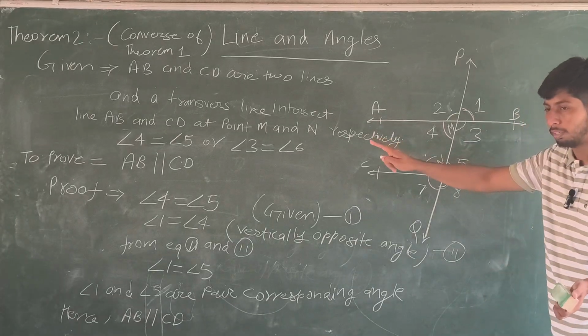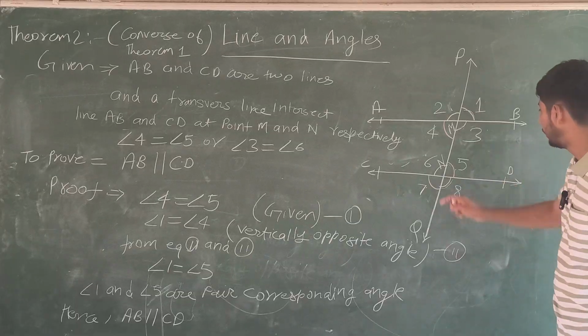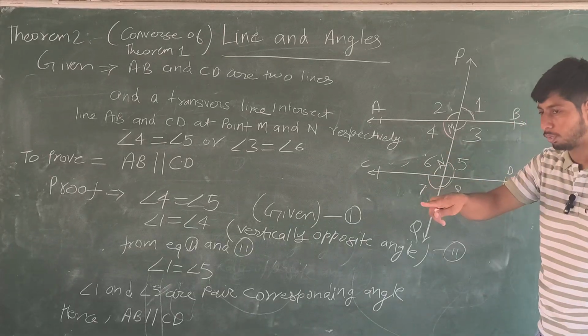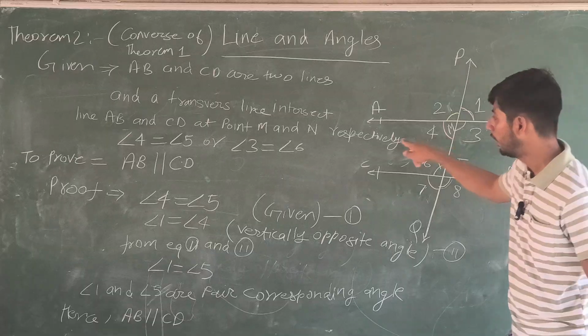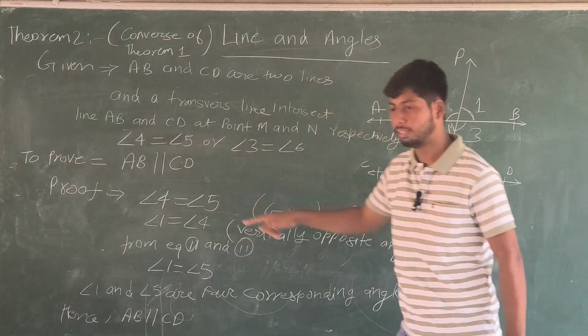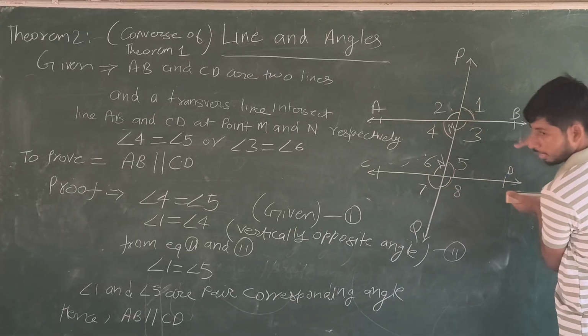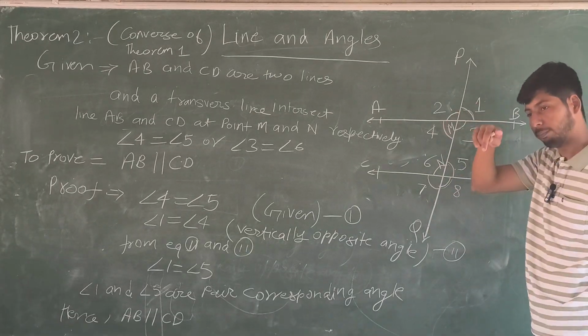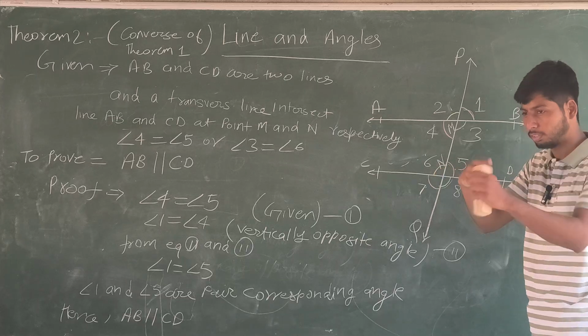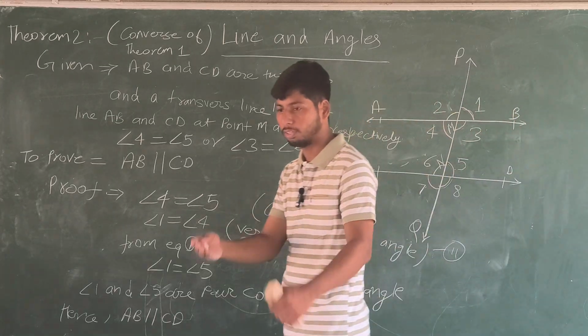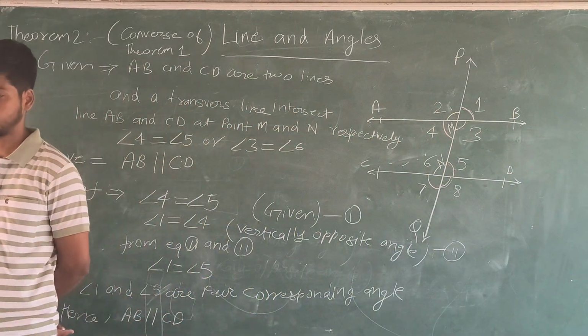But in this theorem it is completely opposite. What we had to prove in the last theorem is already given here, means angle 4 is equal to angle 5, and we have to prove that these two lines are parallel, which was given in the first theorem. So converse means just the opposite of that. Understood?